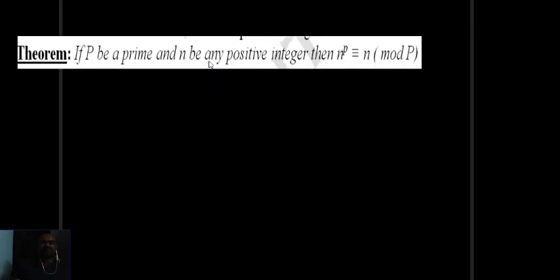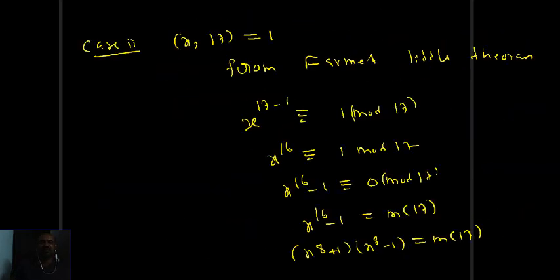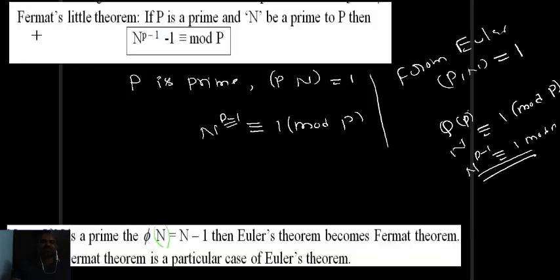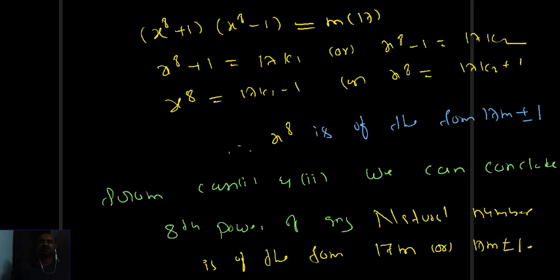Sometimes this theorem is also called Fermat theorem only. What is Fermat Little theorem, or clear mention? So this is just a part of that one only. Fermat theorem, I can say sometimes. So what we should prove?